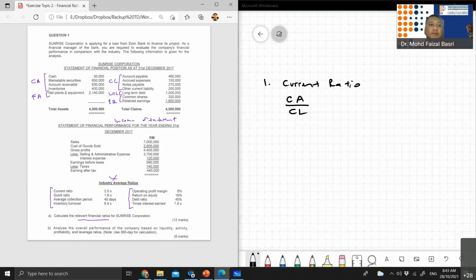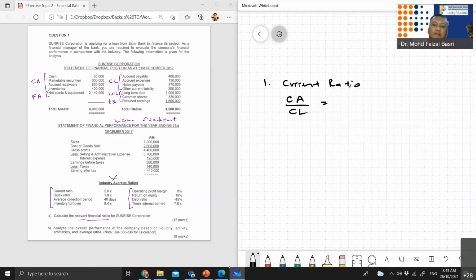Okay. So as I said, our current assets consist of 4 different items from cash until inventories. So what you need to do is total up all the information. So 30,000 plus 600,000 plus 830,000 plus 400,000. Okay, so you have about 1.86 million.